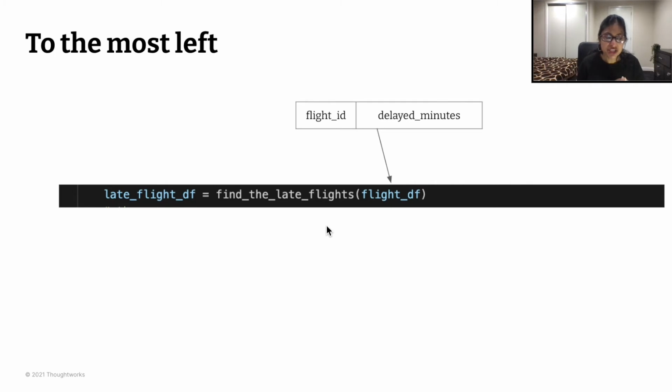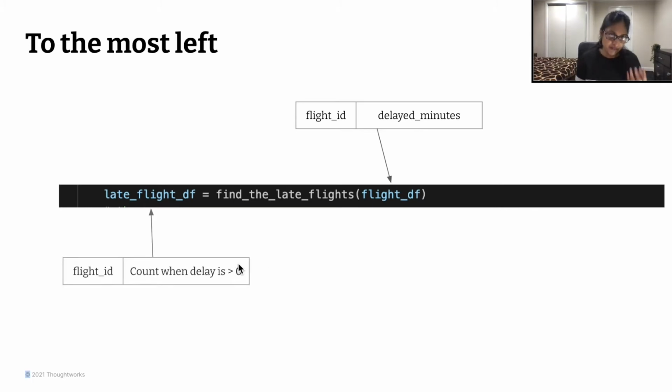So there's a small function which says find the late flights. It takes a data frame. If you've not used DataFrames before, consider this as a table. It takes a table as an input, which has just flight ID and the minutes by which it has been delayed. And as an output, it generates flight ID and the count of the number of times the flight has been delayed.